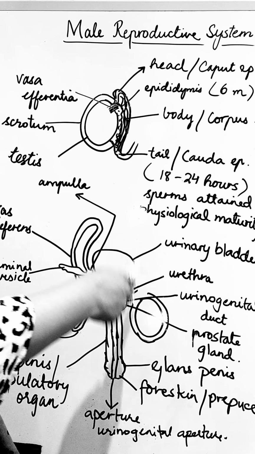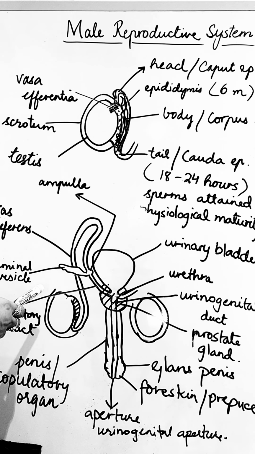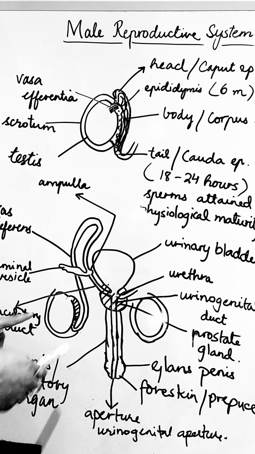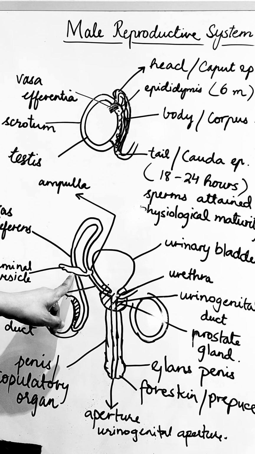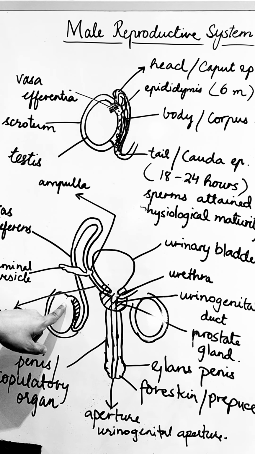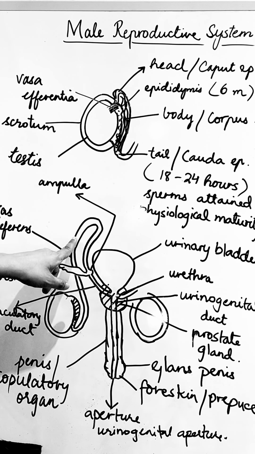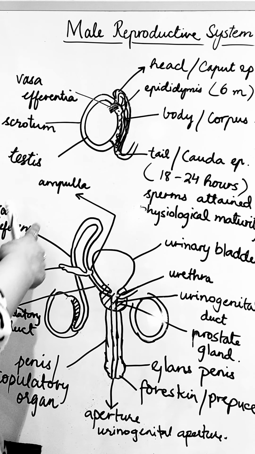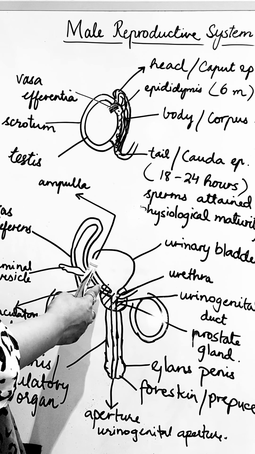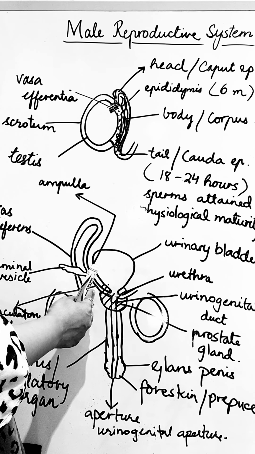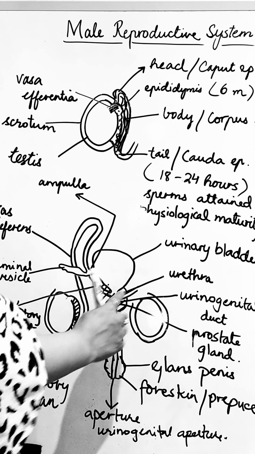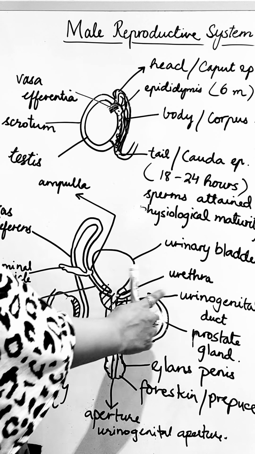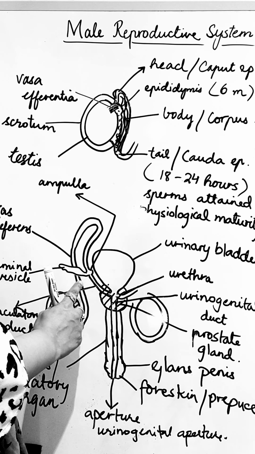So this is the structure which helps in the conduction of sperms from the testes through the different ducts and glands. From the testes the sperm moves through the vas deferens, which moves up and enters the abdominal cavity in the pelvic region, where it joins with the urethra, forming the common duct for urine as well as for sperms.